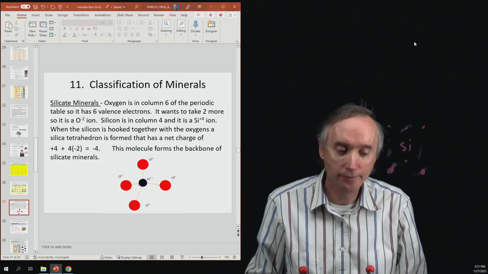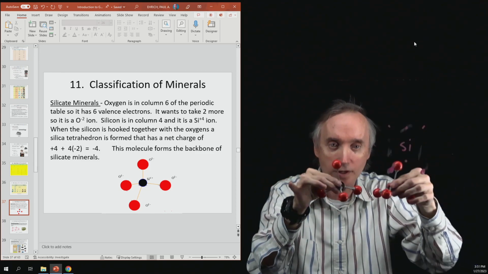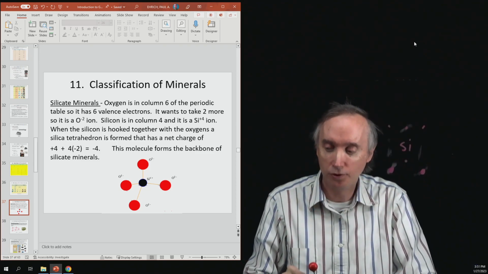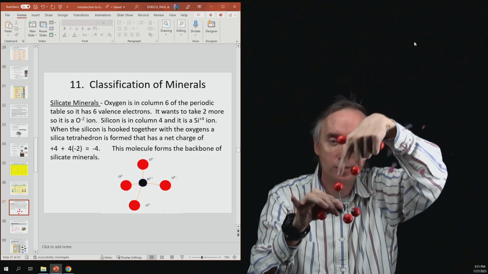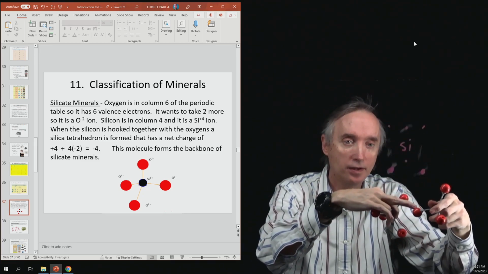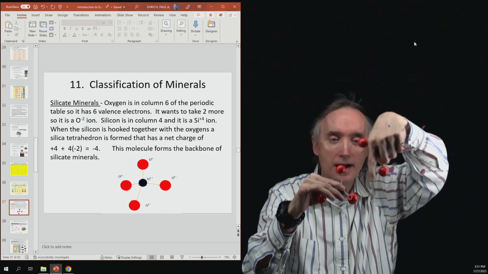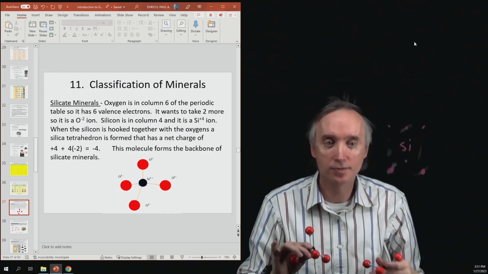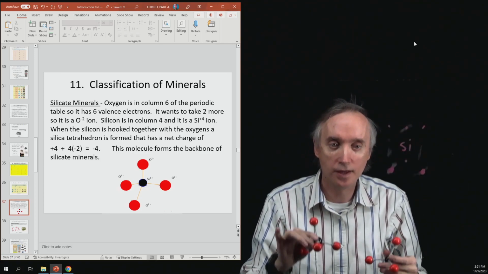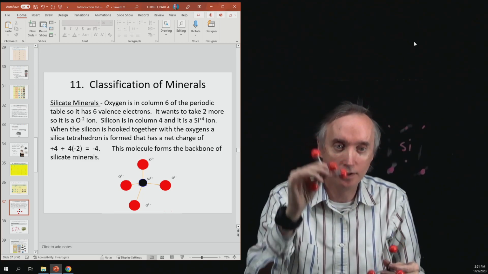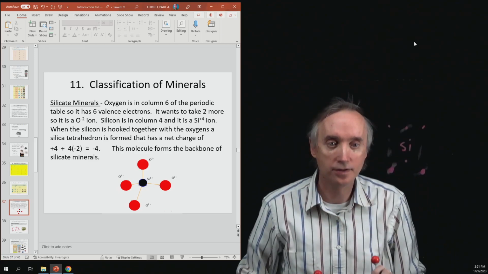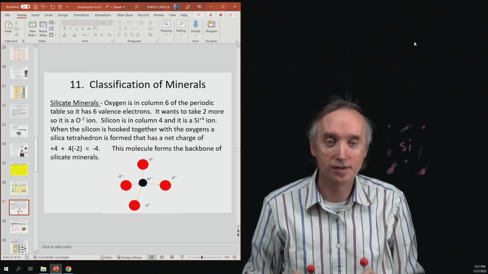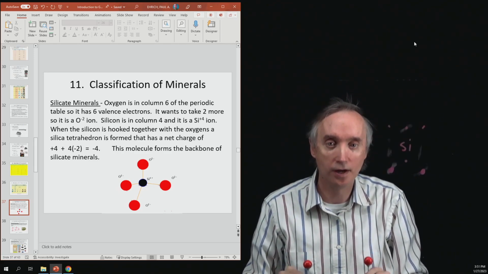One way of holding them together would be to put something positive in between them. This one's negative, but if we put another atom in between that's positive, then the positive would attract this one, and the positive would attract this one, and it would hold that thing together. And that's exactly what nature does.